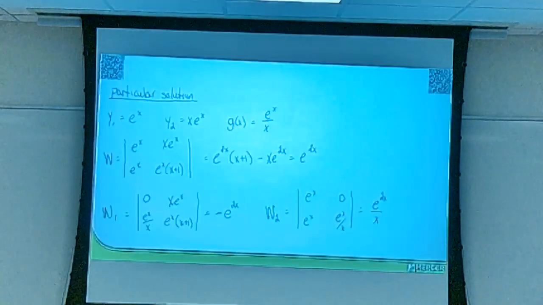And so this one I'll do by hand because it's not that difficult to do, just to show you the actual process without a calculator. U1 prime, W1 over W, just gives negative 1, right?